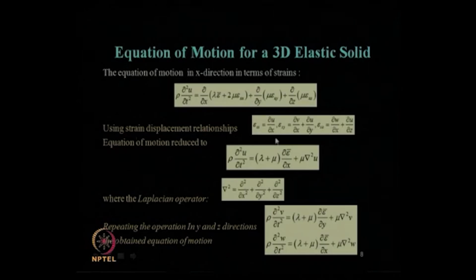Normal strain in x direction, epsilon xx, is nothing but del u del x, where u is the displacement in x direction, and the shear strains are related like epsilon xy is del v del x plus del u del y, and epsilon xz is del w del x plus del u del z. Using this relationship in this equation, once again the equation reduces to this form.